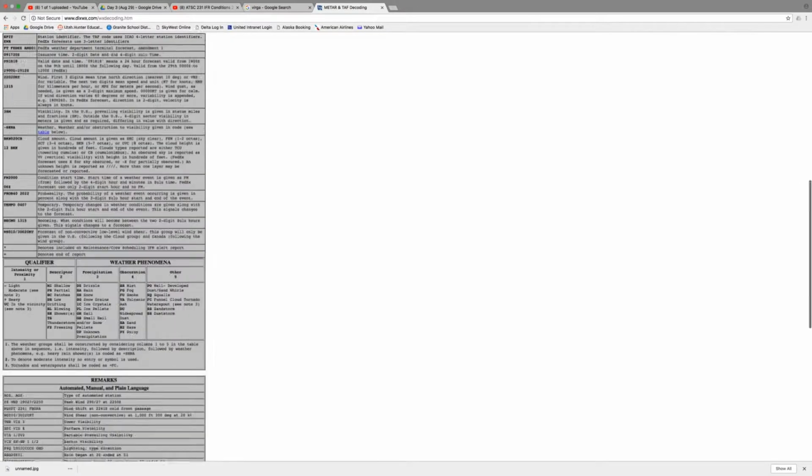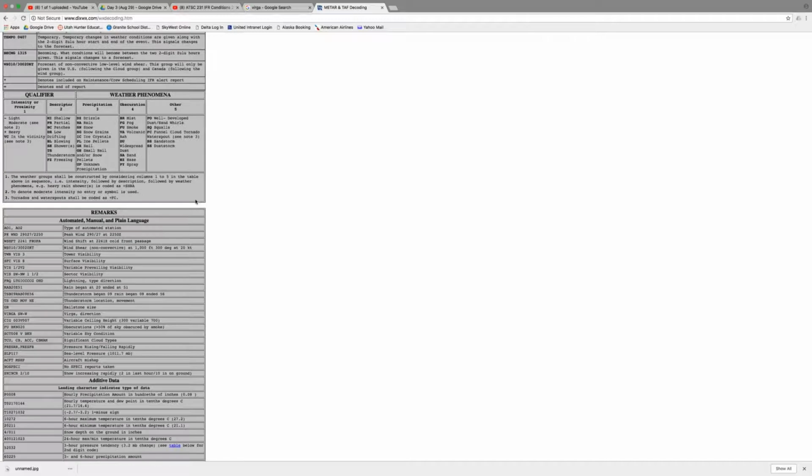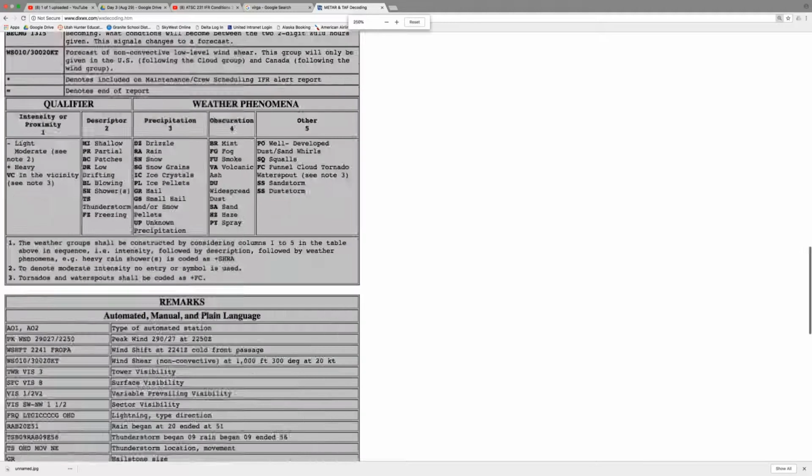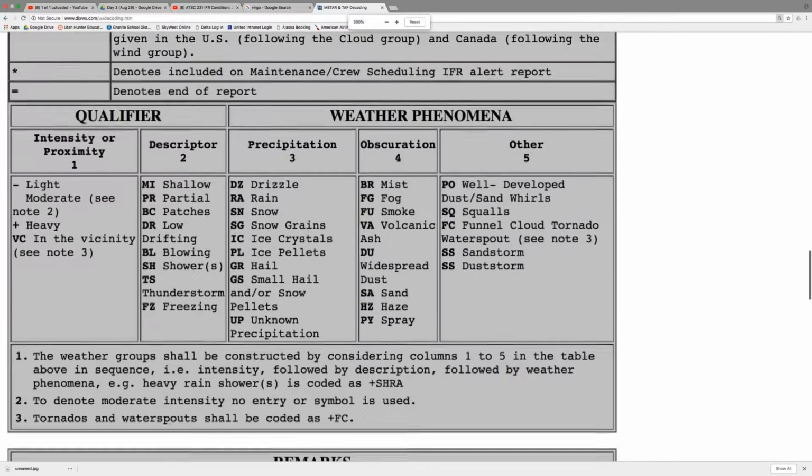What I need you guys to start learning is this right here. Super, super important. Make flashcards of each one of these and go to town.